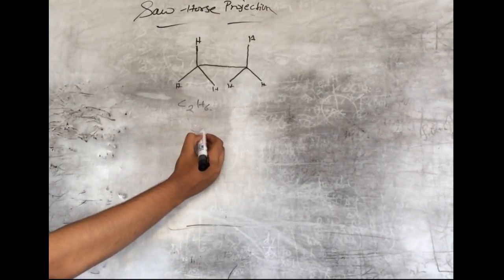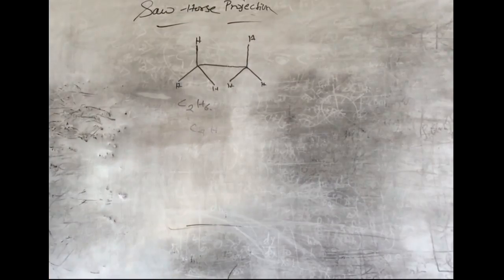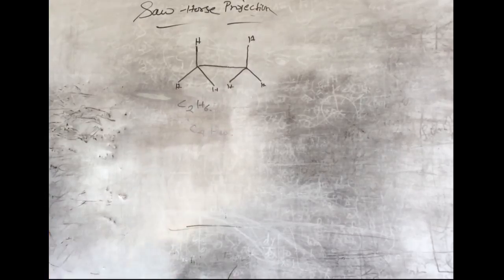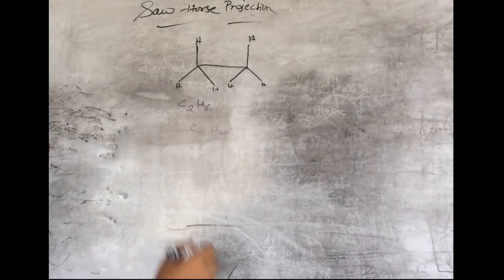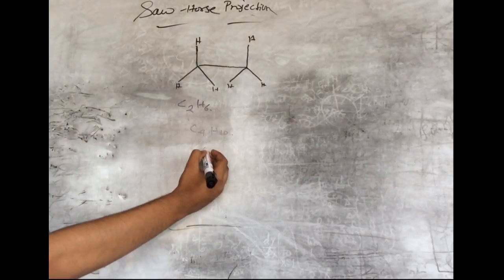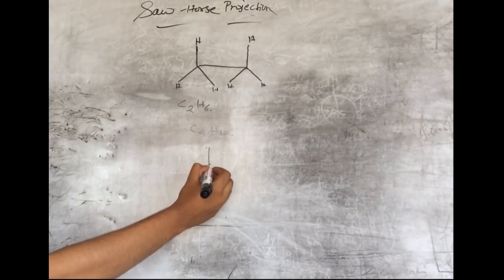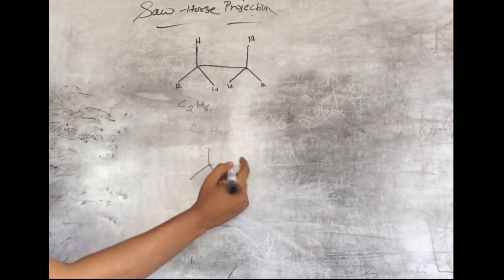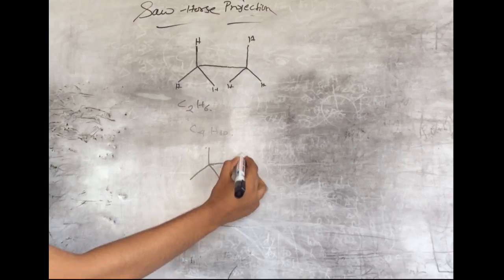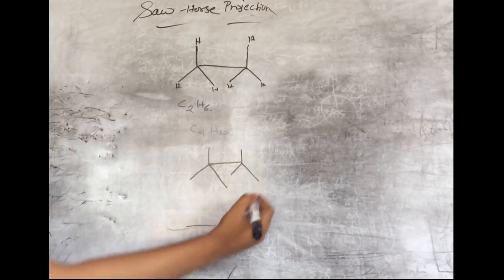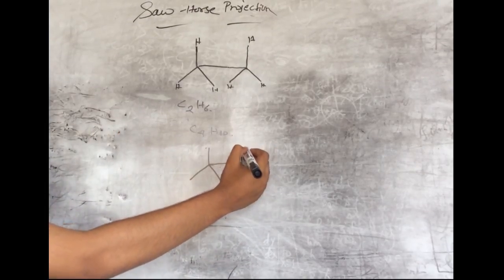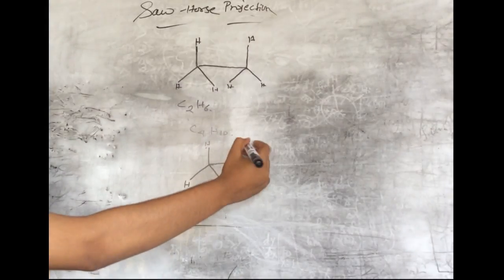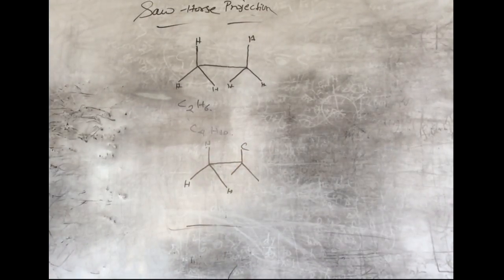That is, if we want to draw butane, that is C4H10, then what we will do is this one will be hydrogen, and here it will be 1.